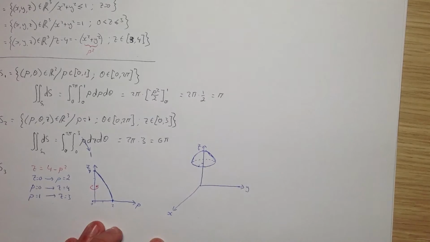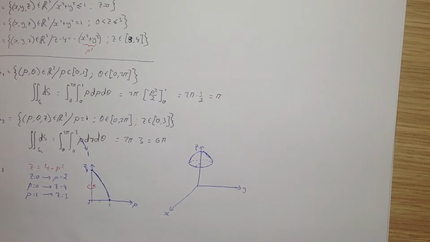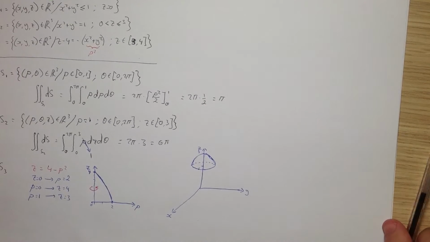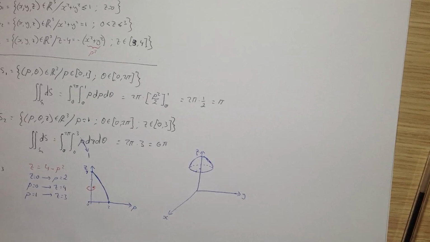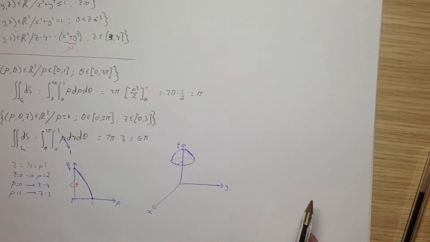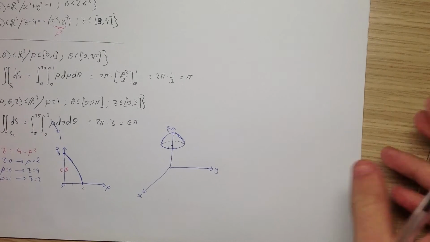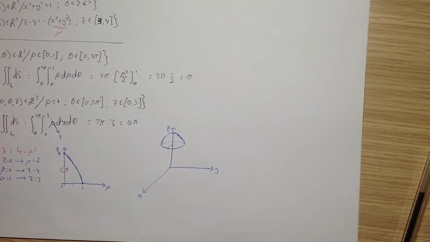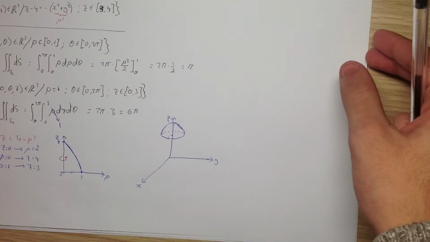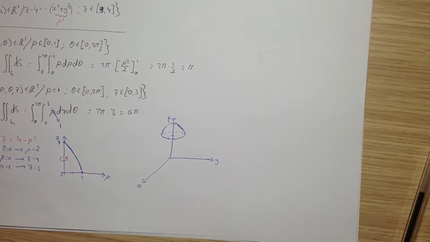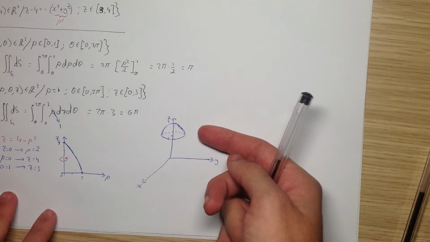Okay, and now, how do we calculate the surface of this shape? Well, we can't calculate it directly. So what we do is we use a projection coefficient. This projection coefficient calculates the surface of the projection of this figure.